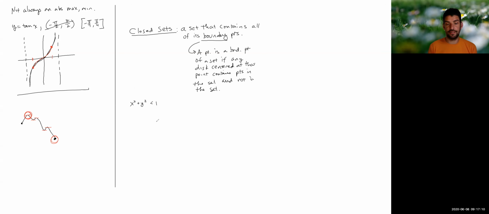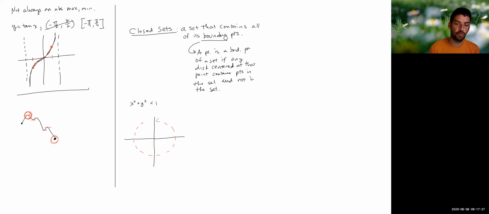So what is this set? Well, it is a unit circle. Sorry, let me not do it the way I was about to do it. Let's draw. No, I'm going to draw it by hand. So this set is the set of points closer to the origin than 1 unit.